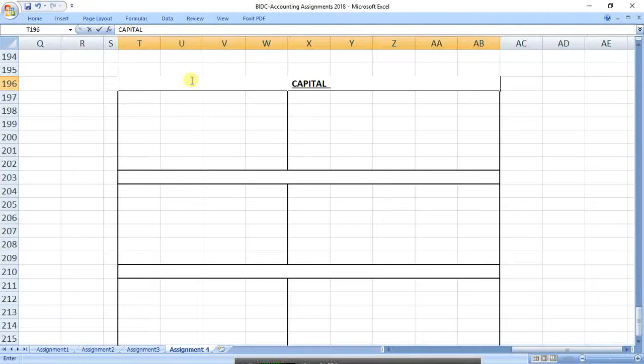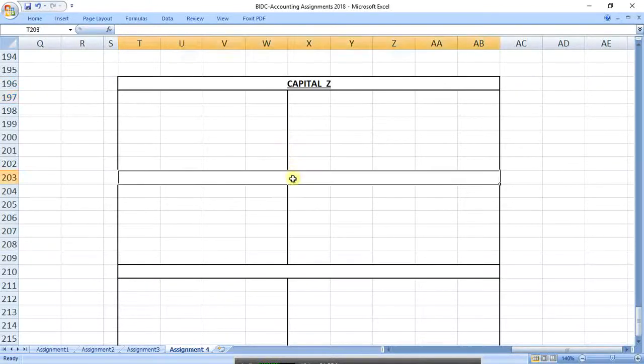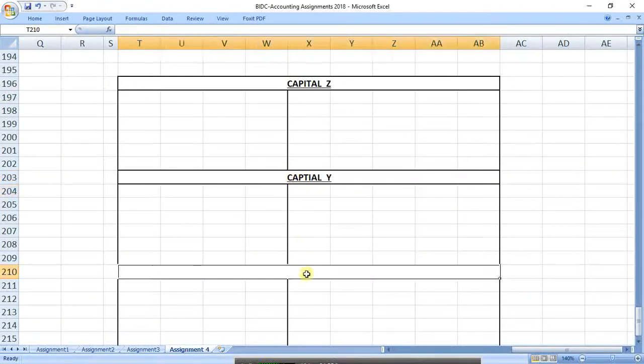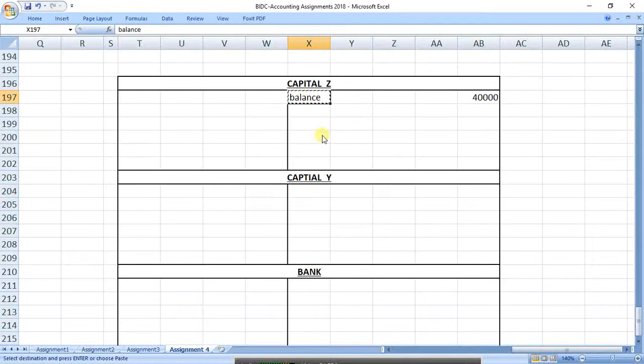Z and Y. Okay, so Z capital, Y, and then bank. Okay, so how much did Z and Y have? Capital account Z. Z had 40. Okay, so that's the balance here. 40,000.